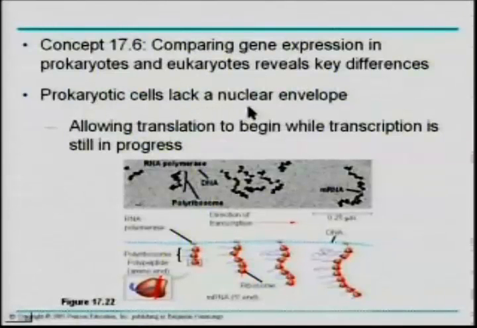Prokaryotic cells lack a nuclear envelope, allowing the translation to begin while transcription is in progress. Here what we see is prokaryote DNA, and we see all along its length gene, this may be just one gene, being transcribed, the messenger RNA is being produced, and a bunch of ribosomes are already jumping all over the mRNA, and we see that in the color cartoon down here.